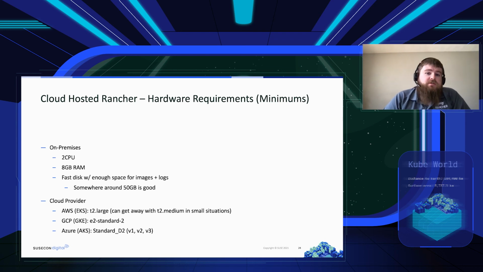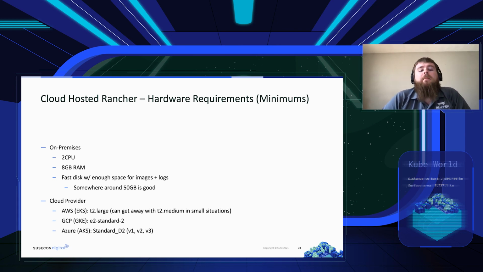When we talk about CPU and memory requirements, we can talk about these specifically in terms of instance sizing. For AWS, and in that case, EKS for a hosted Kubernetes solution, you'll want to use a T2.large instance. You can get away with T2.mediums in small situations, but a lot of the day 2 tooling that Rancher adds to the Kubernetes experience will not run on T2.mediums.